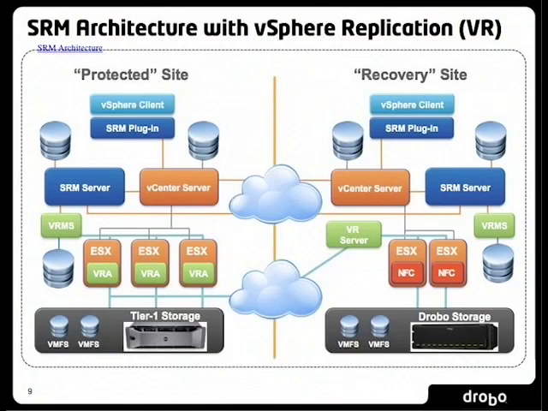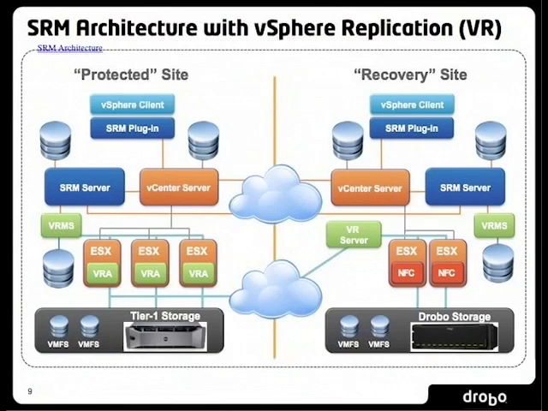The components may look, if you've never seen a slide like this before, fairly complex, but it is fairly simple. So you need obviously two sites. You need a virtual center server, which is just a virtual machine, one at each site. SRM server, again, just a virtual machine, one at each site. And this is obviously SRM version 5, and Virtual Center 5 we're talking about here.